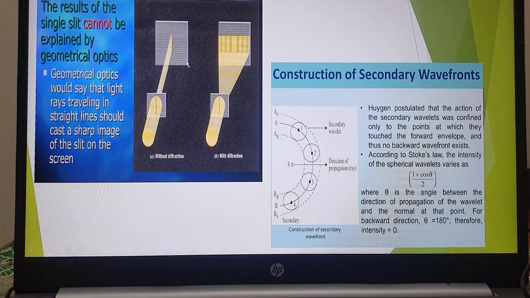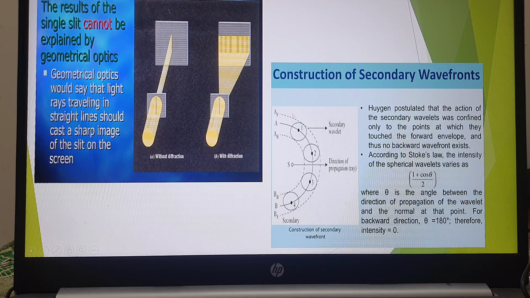Without diffraction, the light passes through the slit as a single ray in the geometrical region. With diffraction, it forms wavefronts.